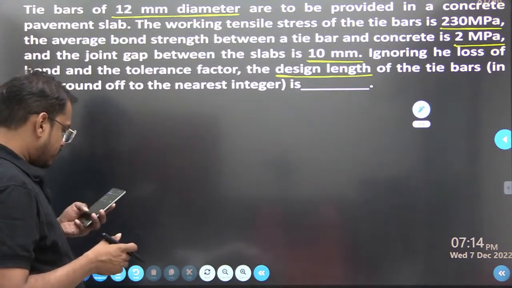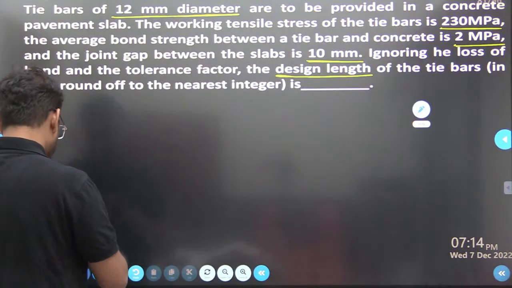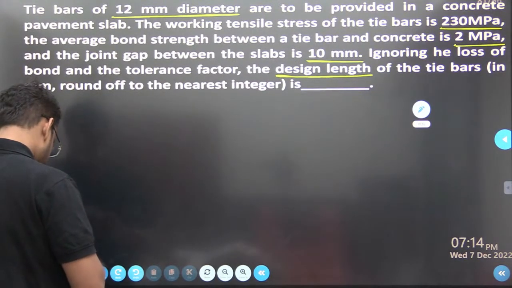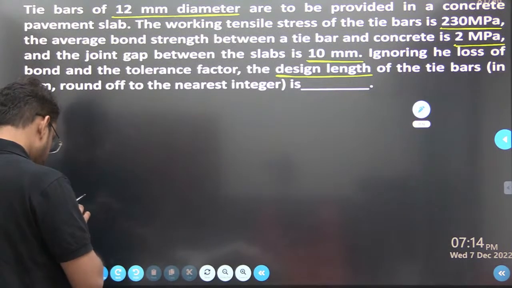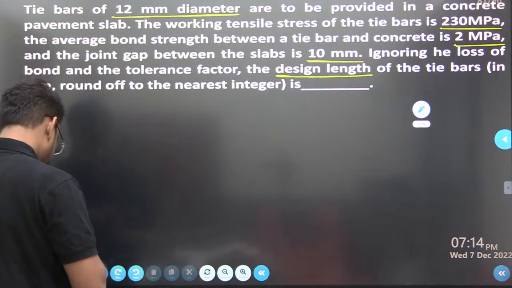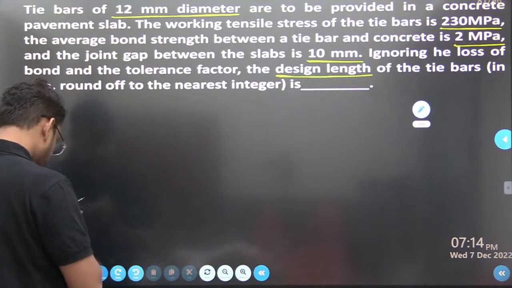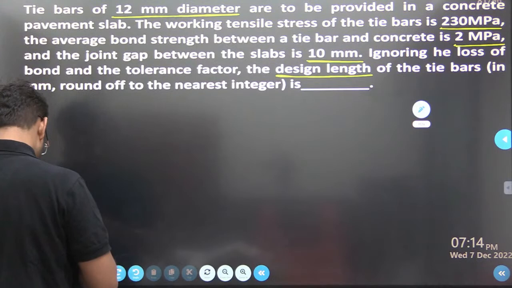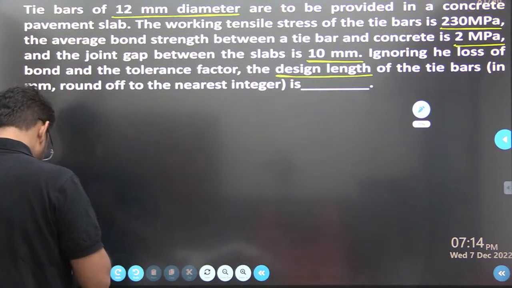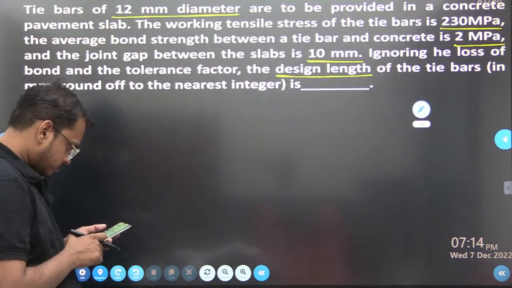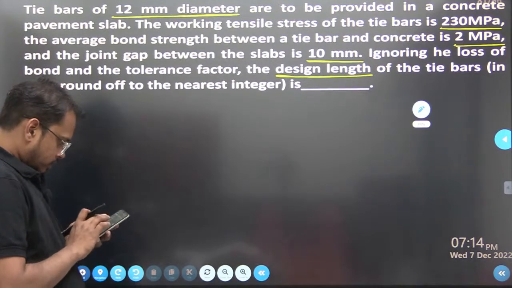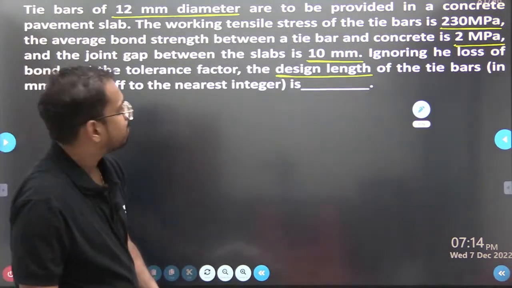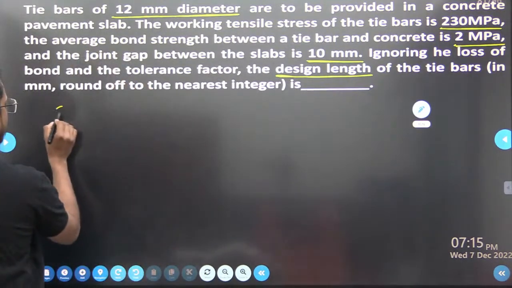If I am interested to calculate, given data is: diameter of bar is also given.